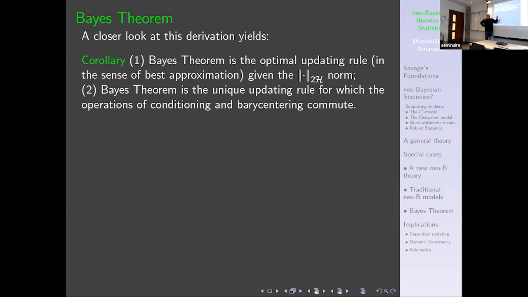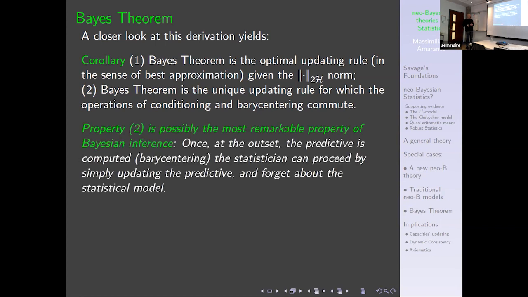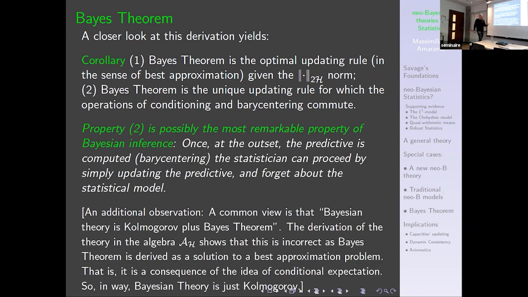So either you update the statistical model and you calculate the predictive, or you just forget the statistical model and just update the predictive. This is what I like about it for Bayesian statisticians, because essentially their statement was that Bayesian statistics is Kolmogorov plus Bayes.